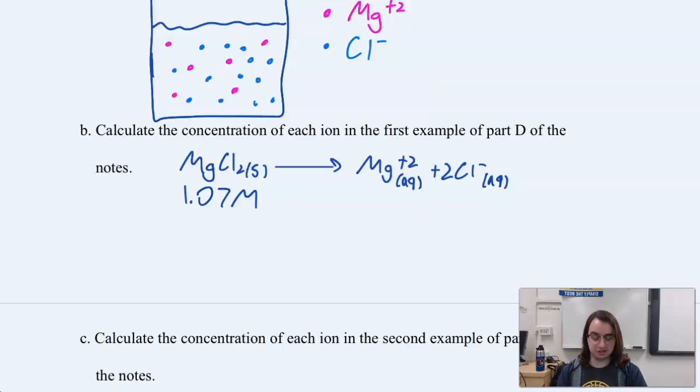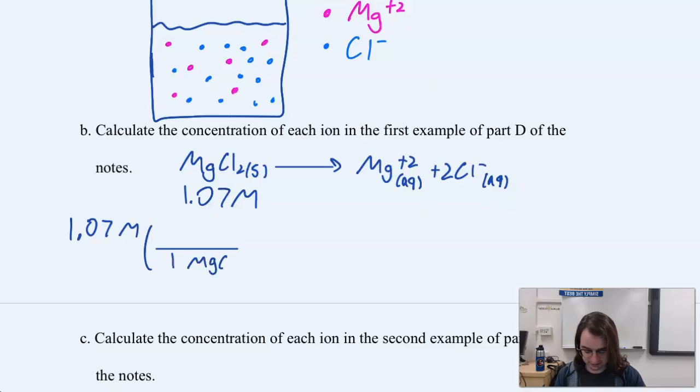Well, this is just stoichiometry, really. We're going to take 107 molar, which is the concentration of MgCl2, and we can use the balanced chemical equation. I have 1 ion of MgCl2 for every 1 Mg+2, and that gives me the same concentration of 107.